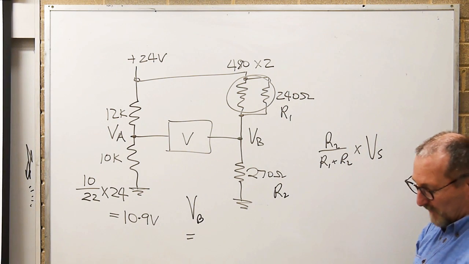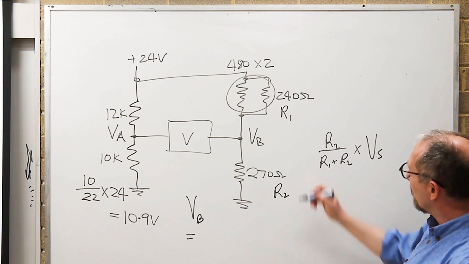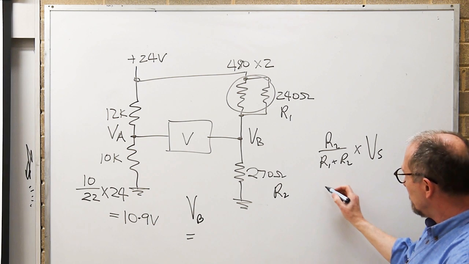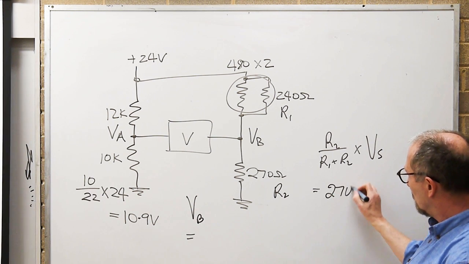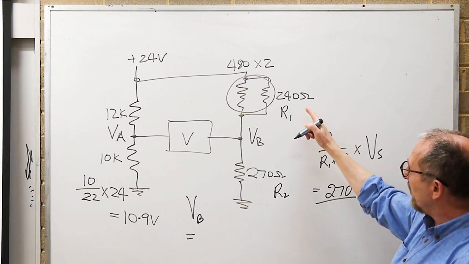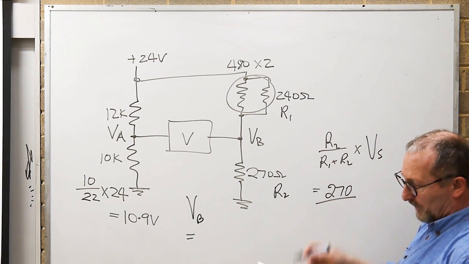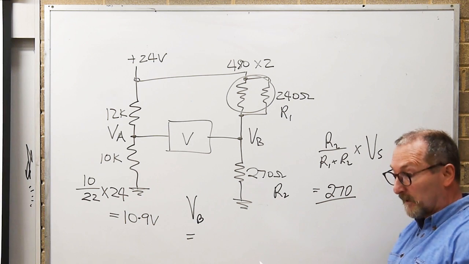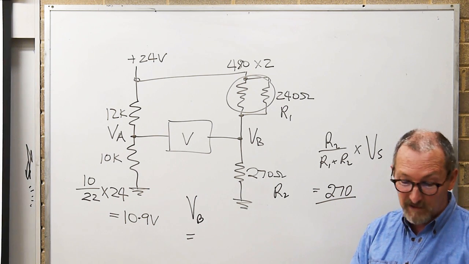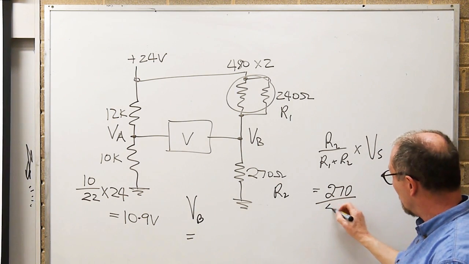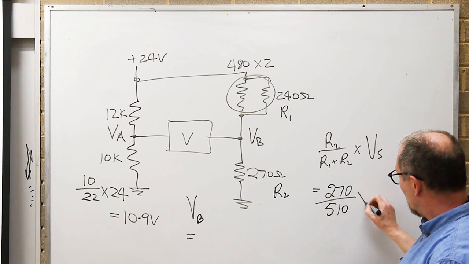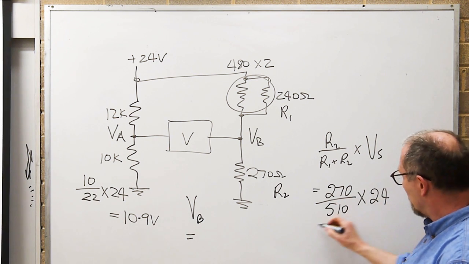You should be home and hosed with this. So what do we end up with? 270 divided by 240 plus 270, which is 510, times 24.